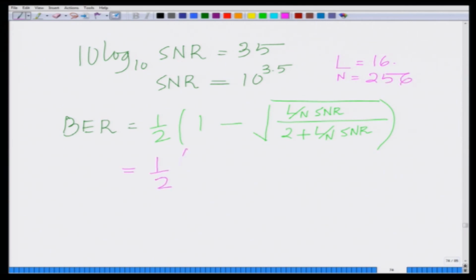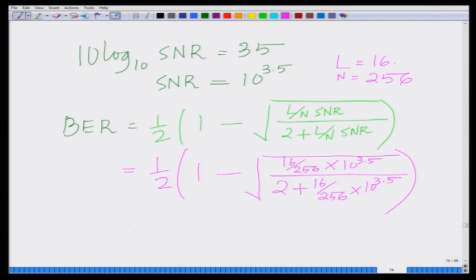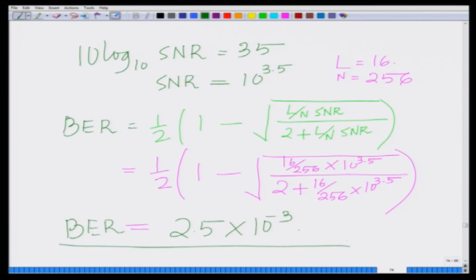So this is half times 1 minus the square root of 16 divided by 256 times 10 to the power of 3.5 divided by 2 plus 16 divided by 256 into 10 to the power of 3.5, which is equal to 2.5 into 10 to the power of minus 3. So this is the bit error rate of the OFDM system.